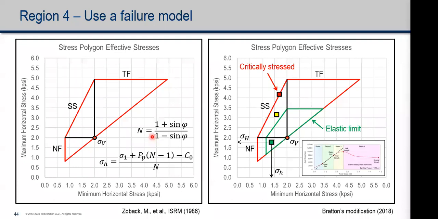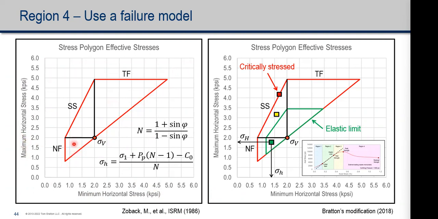As I mentioned, Mark Zoback came up with the stress polygon in 1986. That was before we even had dipole tools, and what we find is the maximum horizontal stress plotted as a function of the minimum needs to be above this 45-degree line simply by definition.